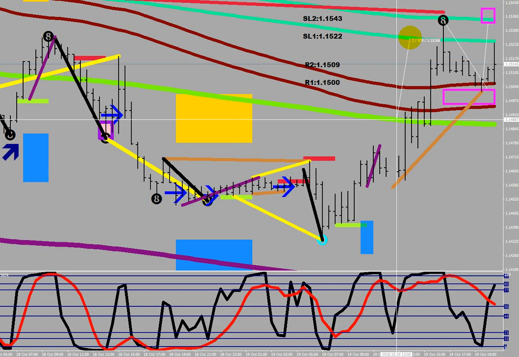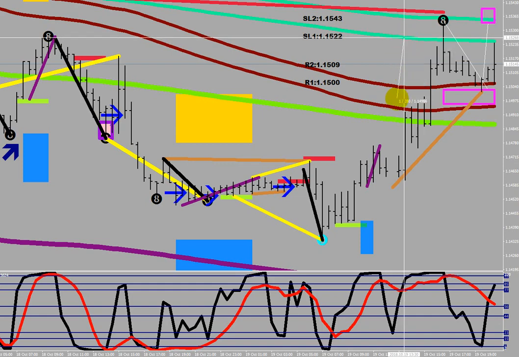because this is the fluctuation maximum. So I call the fluctuation on euro dollar 32 pips, and the 38 pips would be the maximum. This guardrail is basically a high point.